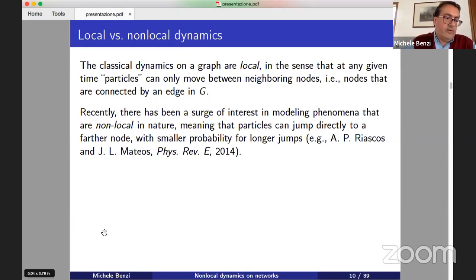And of course, this is painfully actual, timely, because in fact, most epidemic spread models that are based on networks have to incorporate the fact that humans, for instance, or animals or whoever it is who's spreading the disease, tend to stay put in their neighborhood for most of the time, but occasionally perform jumps to faraway locations. For instance, they take a flight from one country to another or from one state to another.